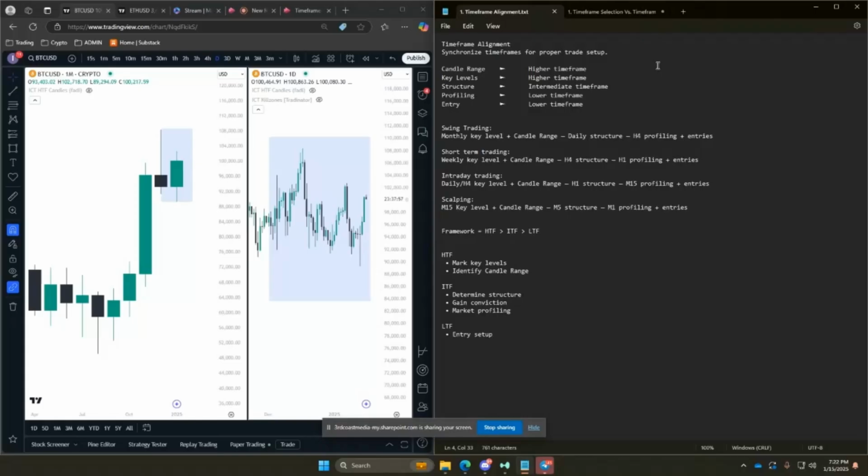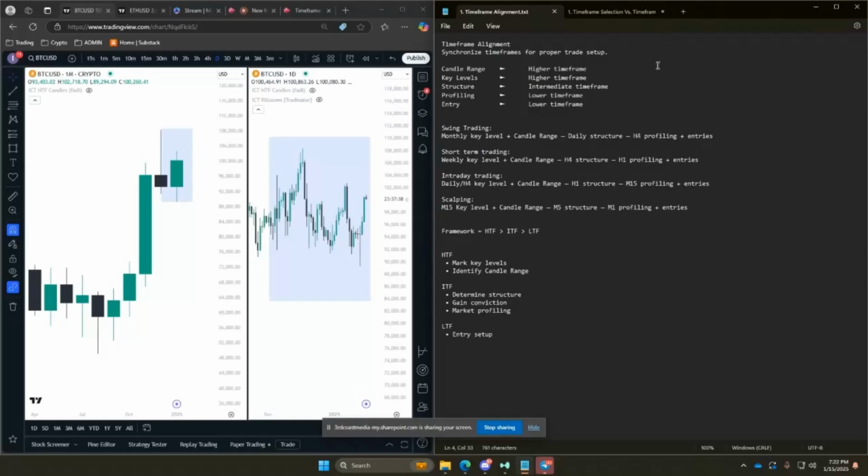For example, pairing the weekly with the daily, or the monthly with the daily, or the weekly with the 4 hour. There's a few different ways to pair things, and we'll go over that in detail in this chapter.